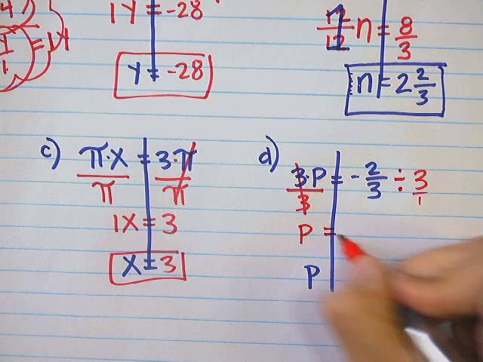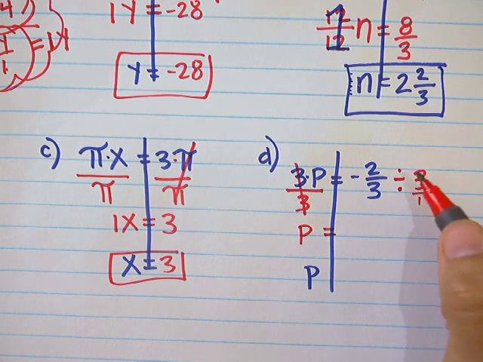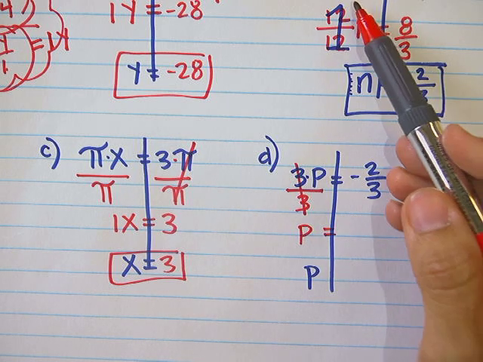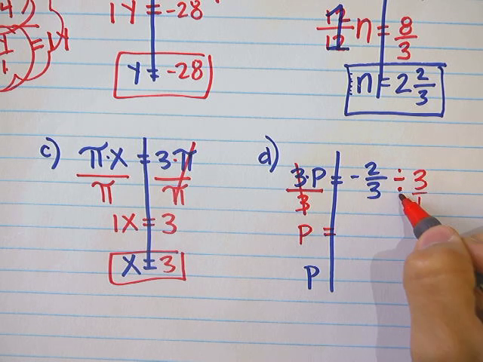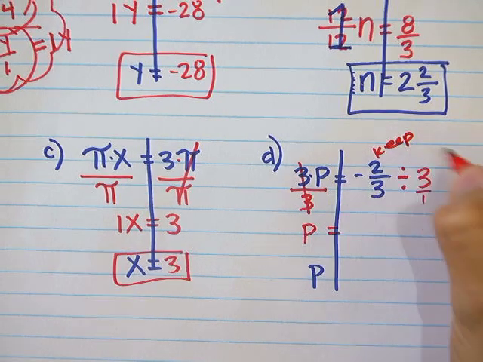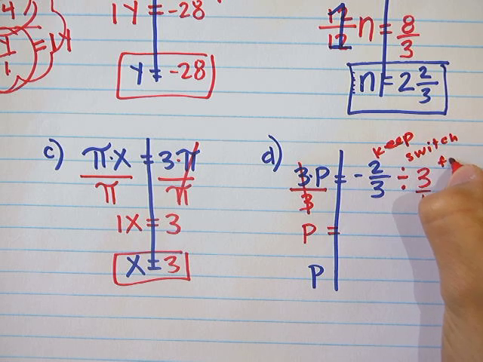So p equals. Now, there are rules for dividing fractions, and some people think of it as a little trick. Multiplying by the reciprocal, which is what we did in the first example, or it's something that sounds like keep, switch, flip. You've probably heard that before. You keep the first one, you switch the sign, and you flip the third fraction.